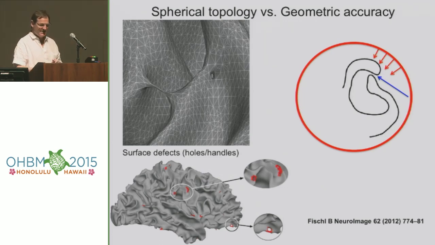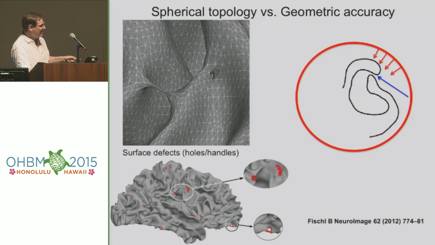Now, one of the issues that attends this problem is the issue of spherical topology versus geometric accuracy. In an ideal world, you want to maintain spherical topology so that one can establish a one-to-one correspondence between cortical thickness measurements in different brains. The problem is that sometimes getting into the deep crevices is a very hard sell for the evolving, deforming surface.